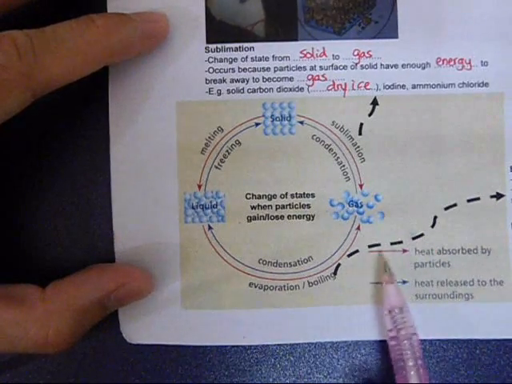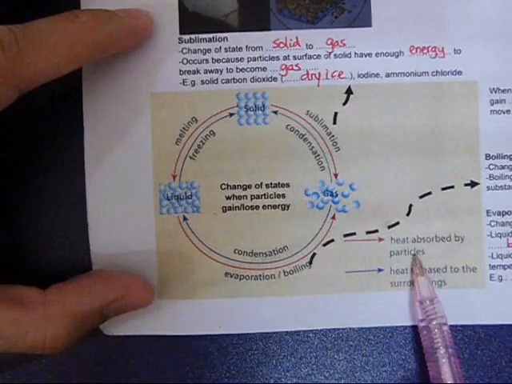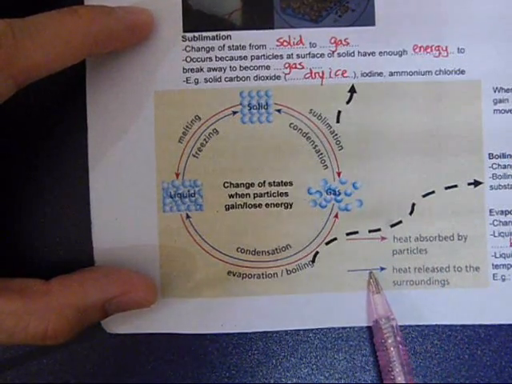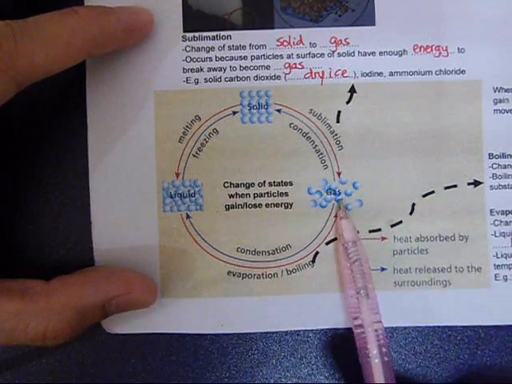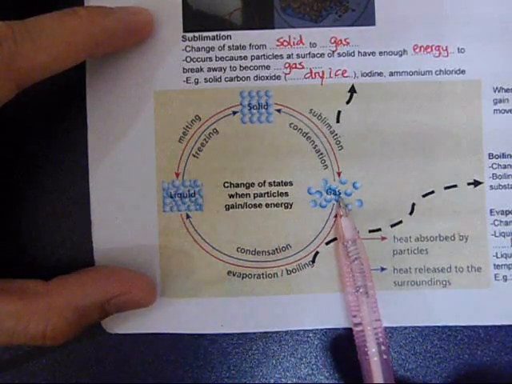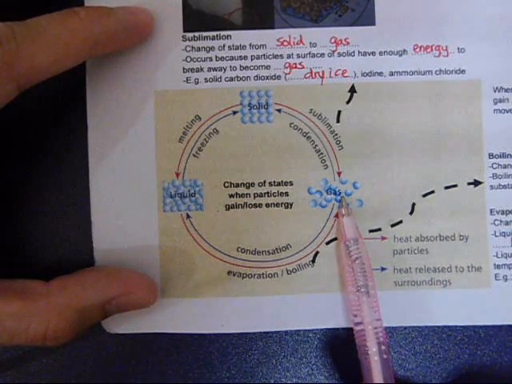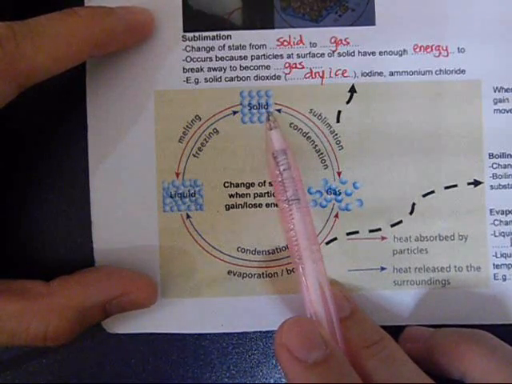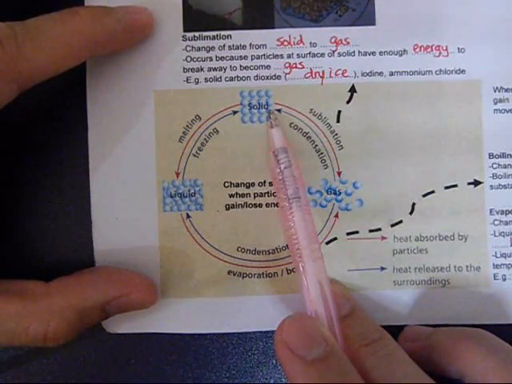So in this diagram you can see that all the red lines mean that heat energy is absorbed, and the blue lines mean heat energy is released. For example, gas to solid. Gas particles have a lot of energy because they move freely in all directions very fast. Solid particles have less energy because they only vibrate in their fixed positions.